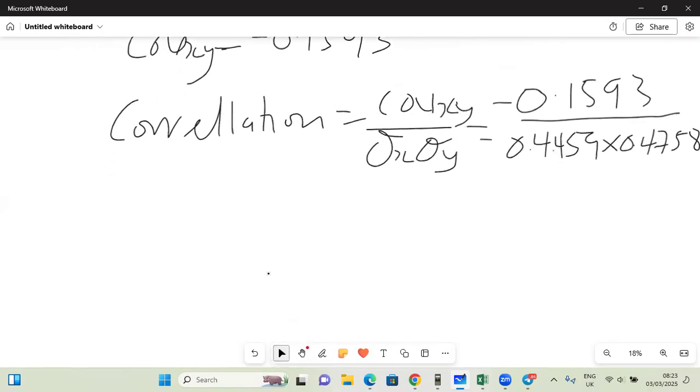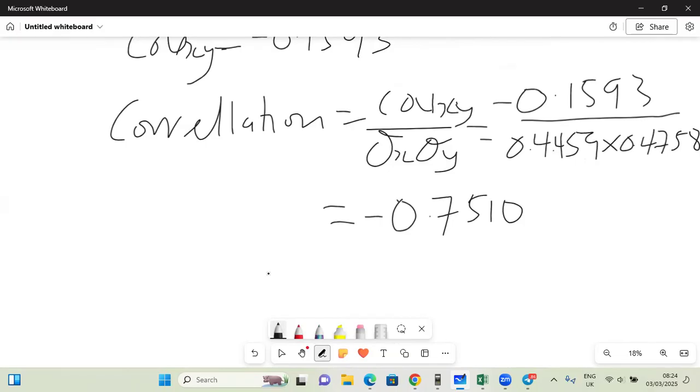And we are going to get something around negative 0.7510. Right, so that's what we are going to get for that side.